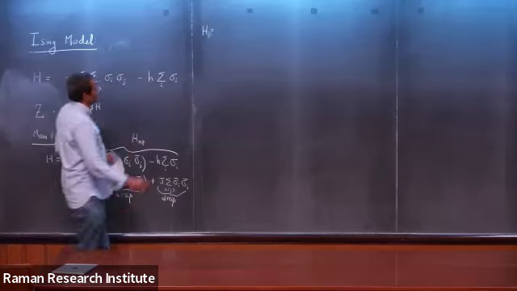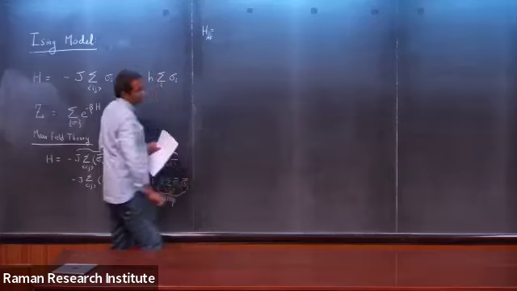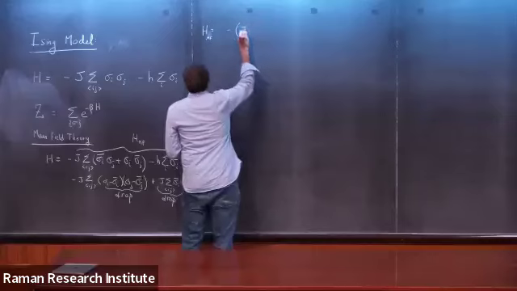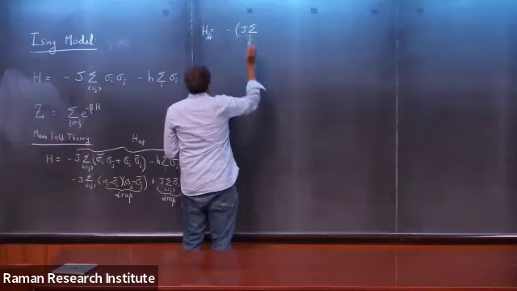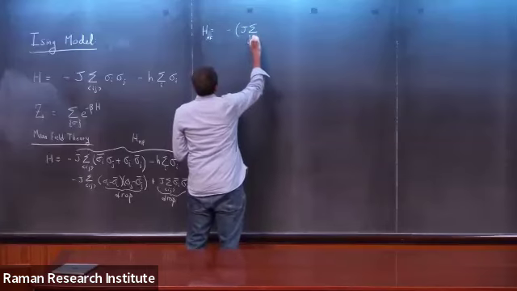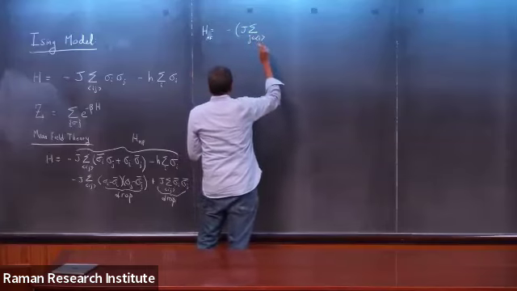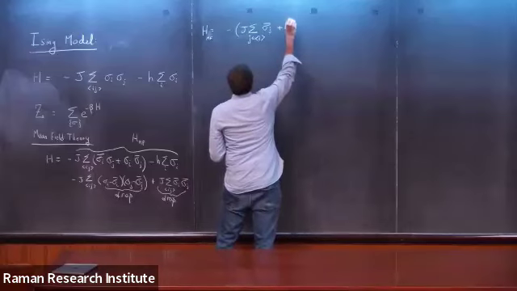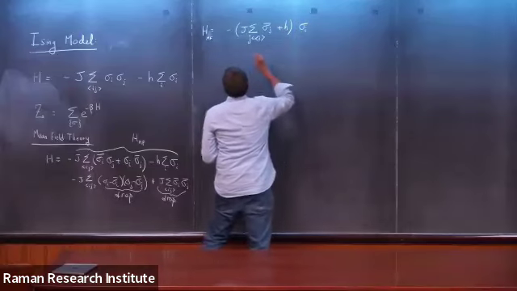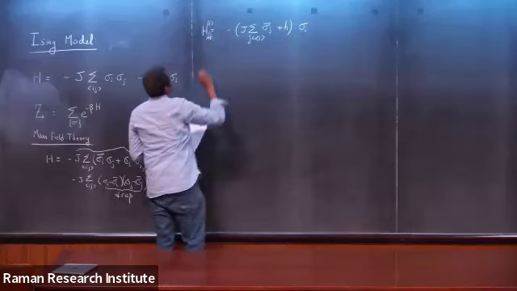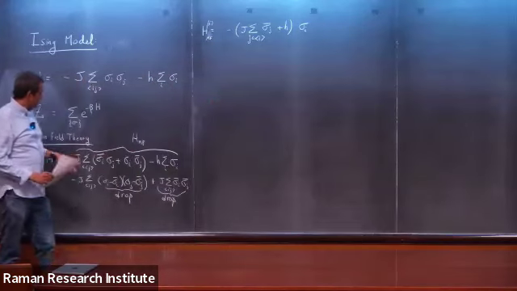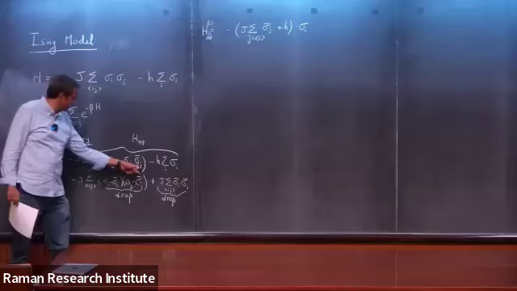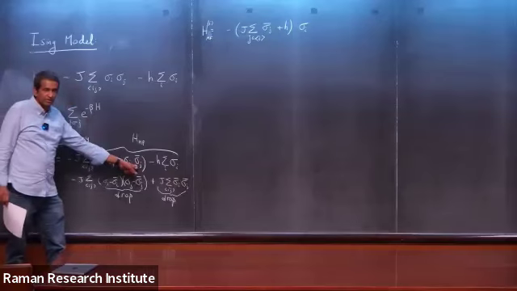This part of it I can rewrite in a form where the ith spin is going to see a magnetic field that's coming from this external field, but it's also going to see the magnetic field coming from the interaction with all the neighbors.